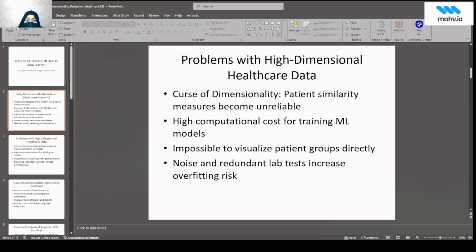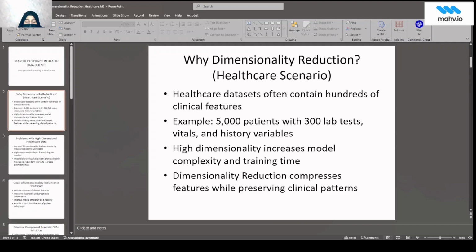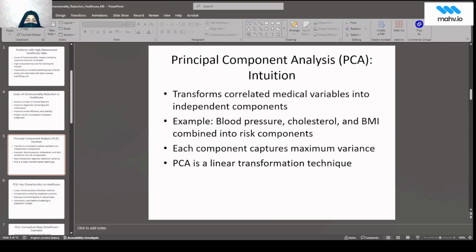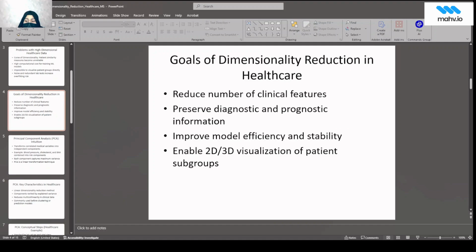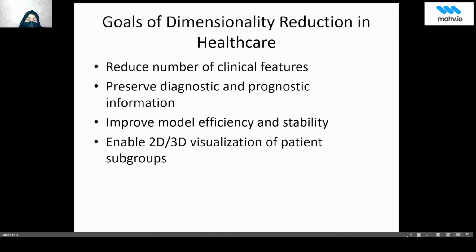Before, we had 5,000 patients, 300 lab tests, and history variables. Now we are compressing our large amount of data, preserving the diagnostic and prognostic information, improving the model efficiency and stability, and enabling 2D and 3D visualization.